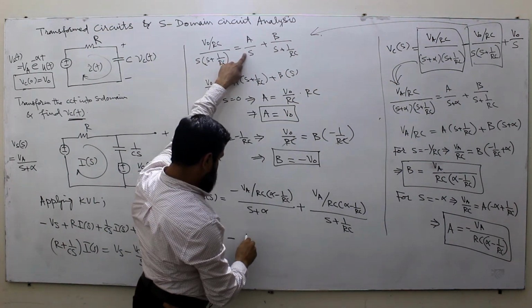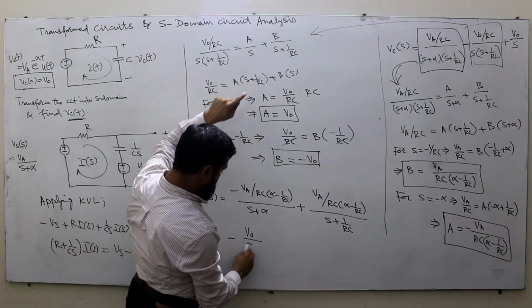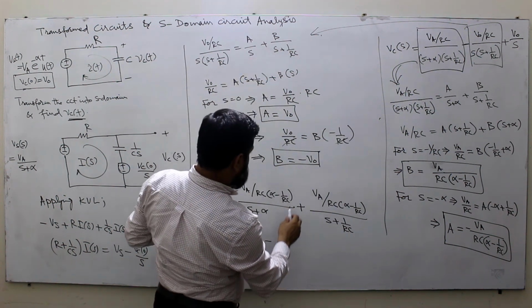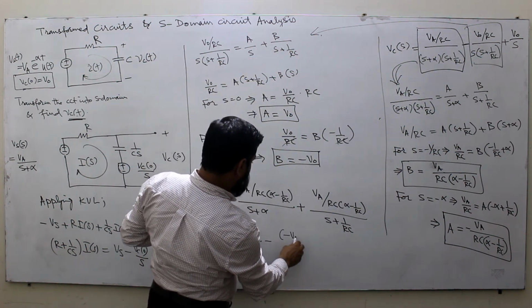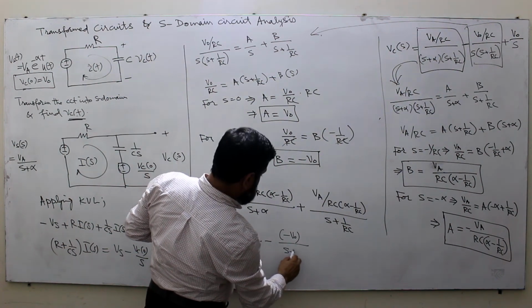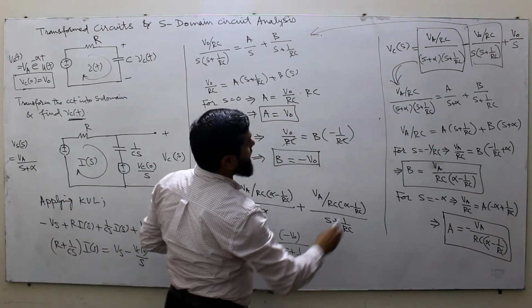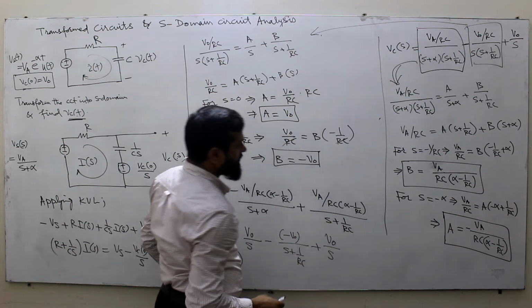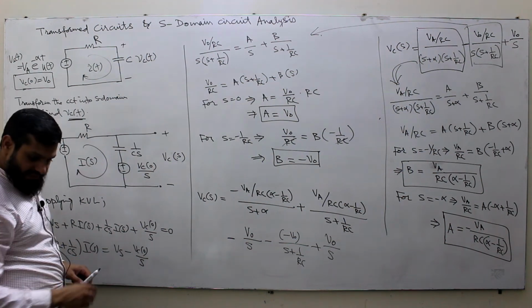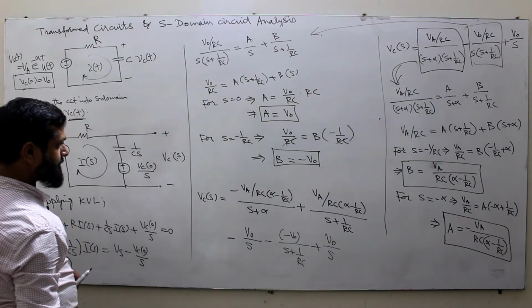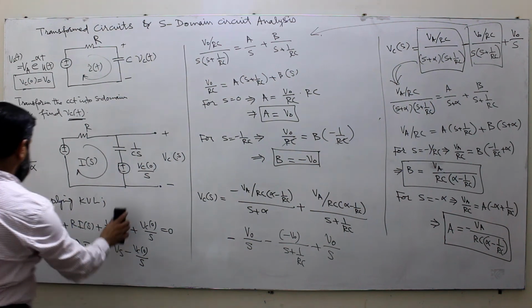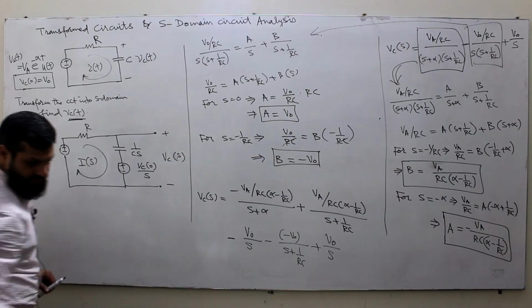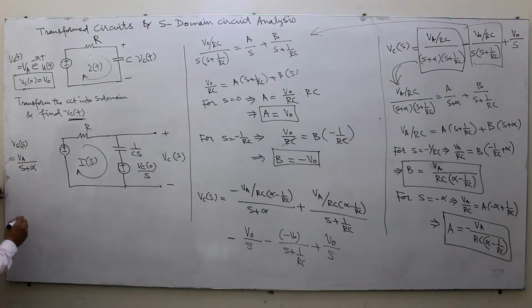So A is V naught divided by S, and further that will also be minus, and minus V naught divided by S plus 1 over RC, and the last term is V naught over S. So we have got this one, and we can write the final solution here on this side.